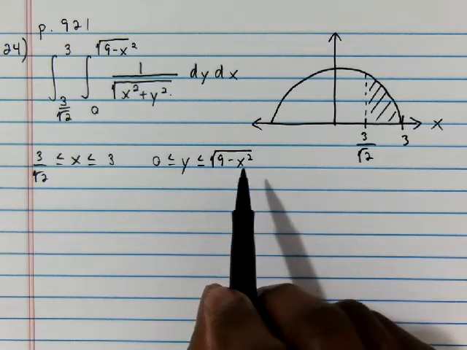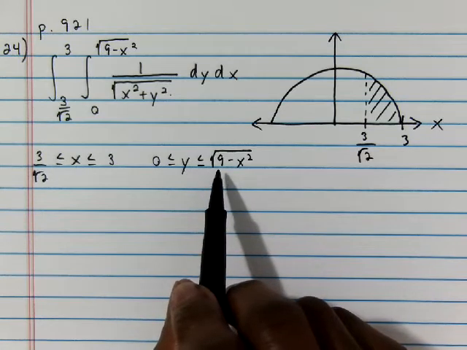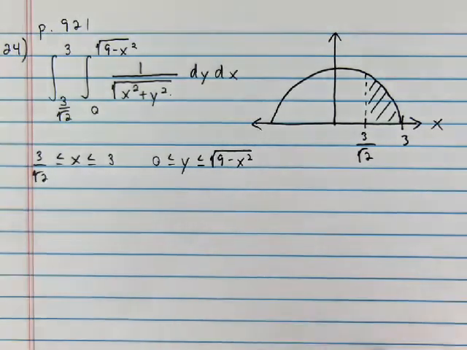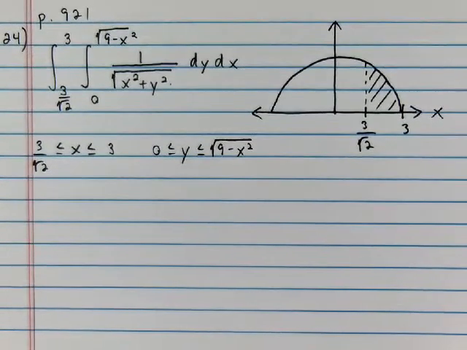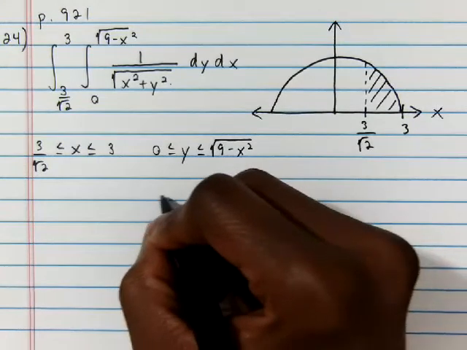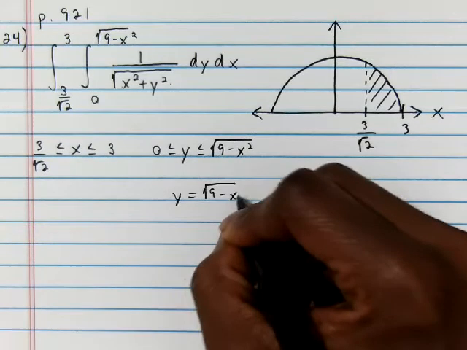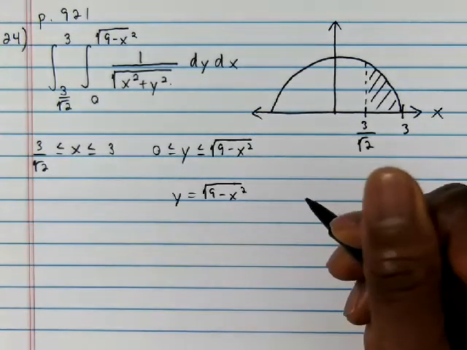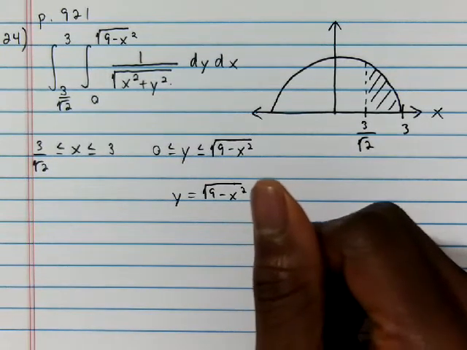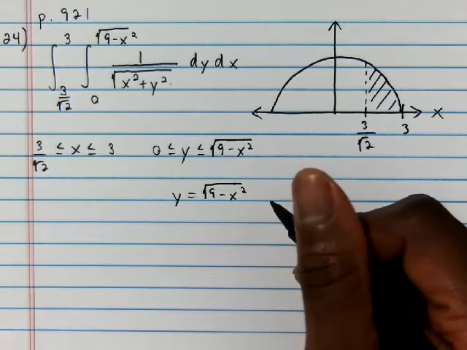So let's look at what we get from y equals the square root of 9 minus x squared. So you can see how to do it converting using the algebra as well. I'm going to do this two different ways. First off, I'm just going to switch everything to polar coordinates, and that's what I'm going to tend to do most often, just because I want you to get accustomed to working with polar coordinates.